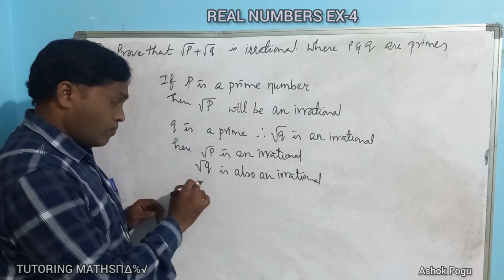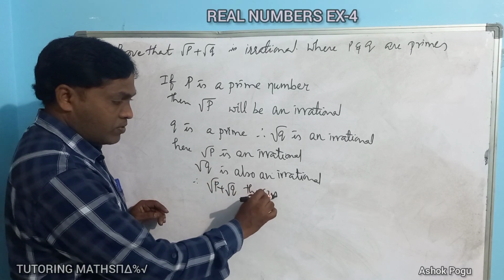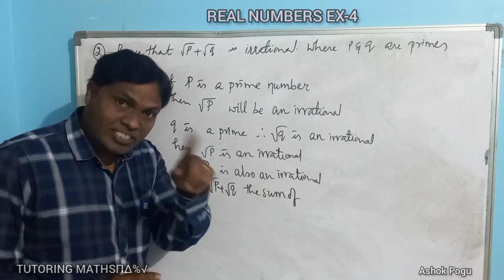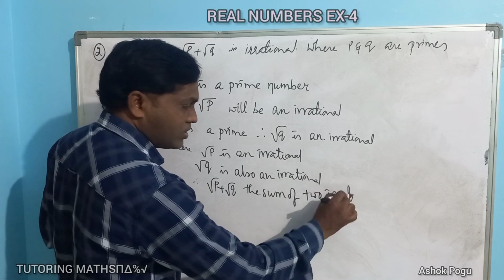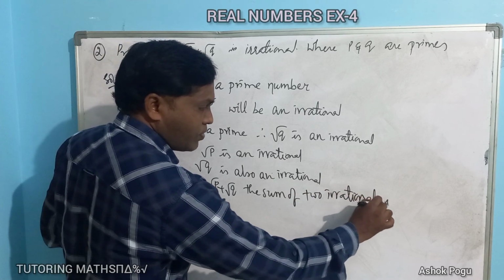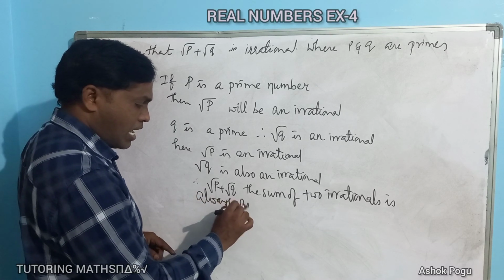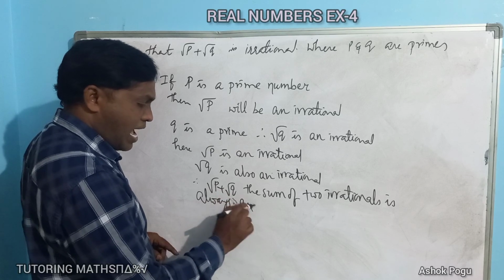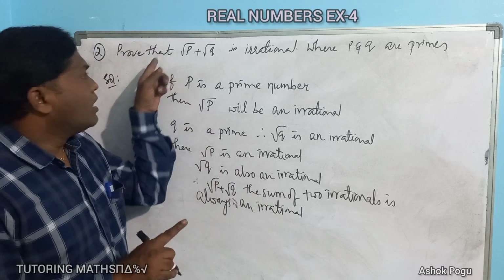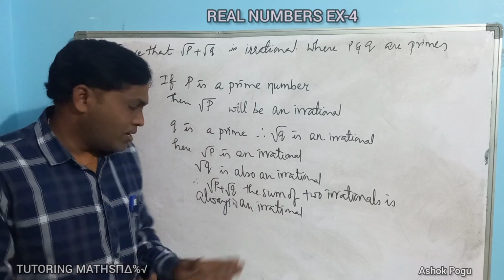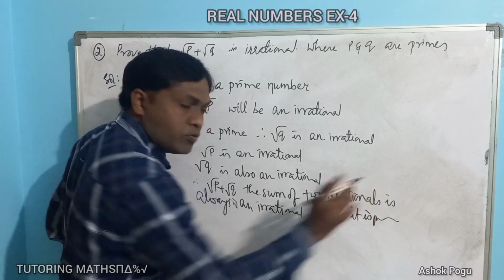So therefore root p plus root q, the sum of two irrationals, this is the last statement, the sum of two irrationals is always an irrational. Therefore, my dear students, root p plus root q is an irrational number. Hence, it is proved. So, that's it.